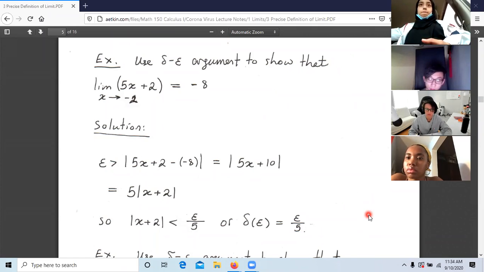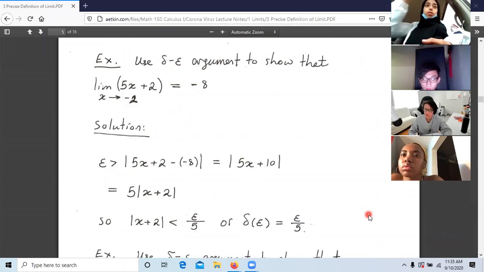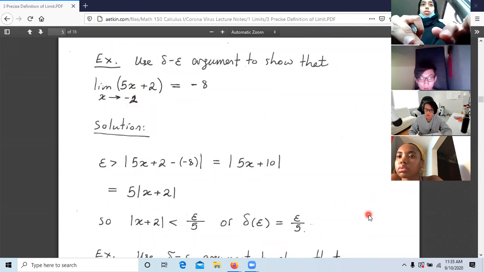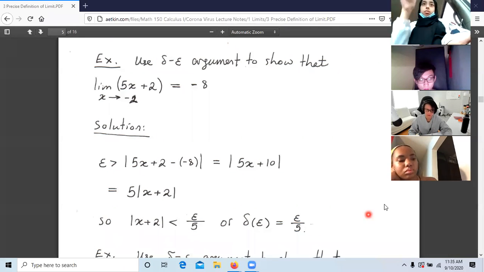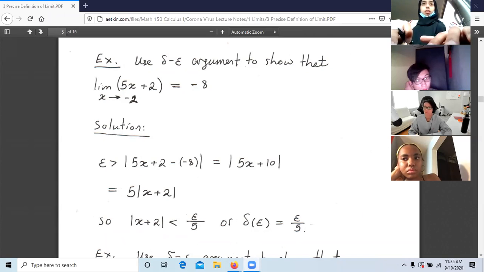Come on, help me, guys. How am I saying epsilon is bigger than the absolute value of 5x plus 2 minus -8? When you say it's because of x, I'm not sure what you mean.